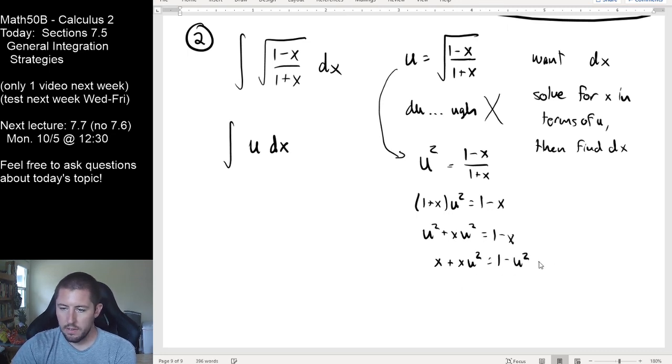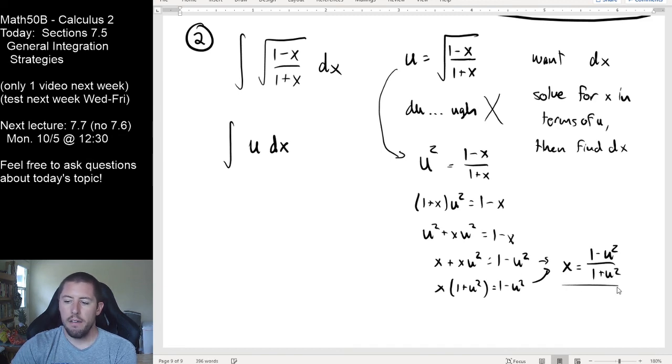Factor out an x. X times 1 plus u squared equals 1 minus u squared. And that tells me that x should be 1 minus u squared over 1 plus u squared.